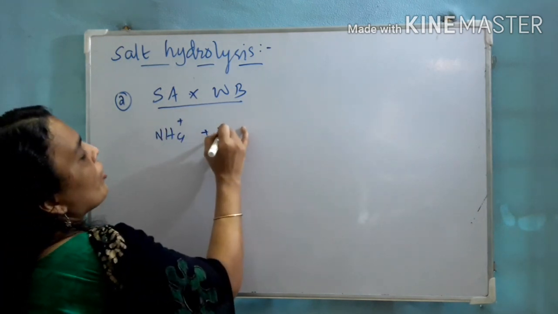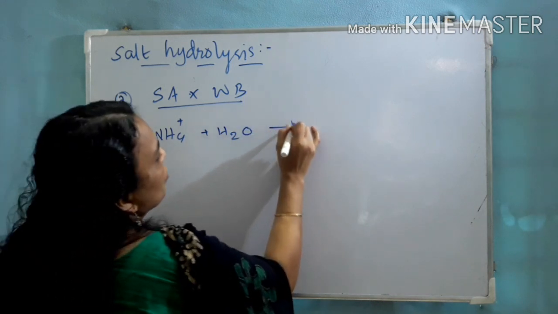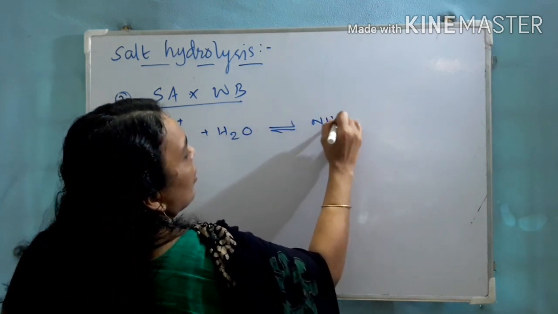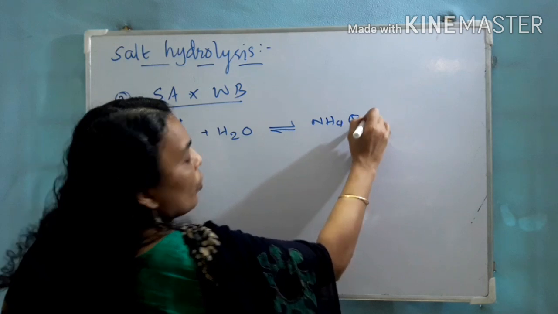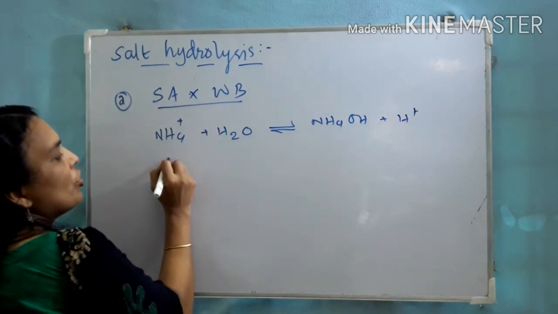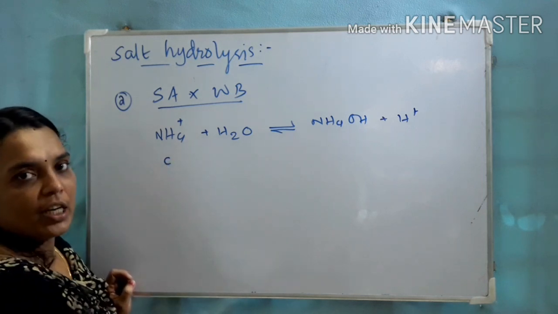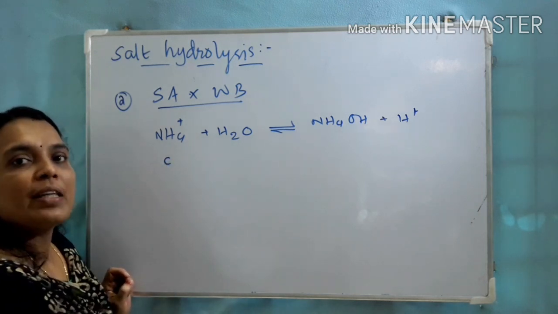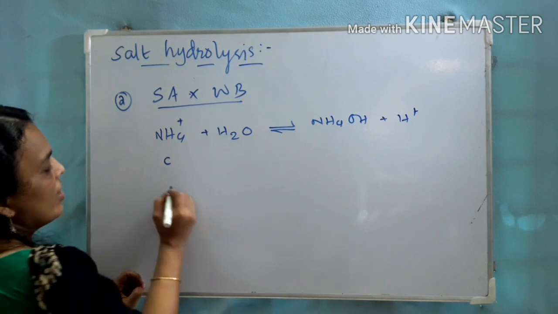So ammonium ion undergoes hydrolysis to form NH4OH. Let us assume C be the initial concentration and h be the degree of hydrolysis.